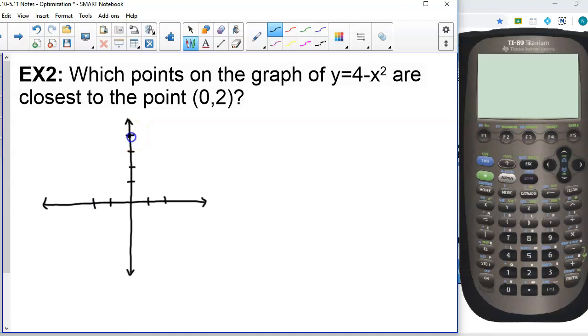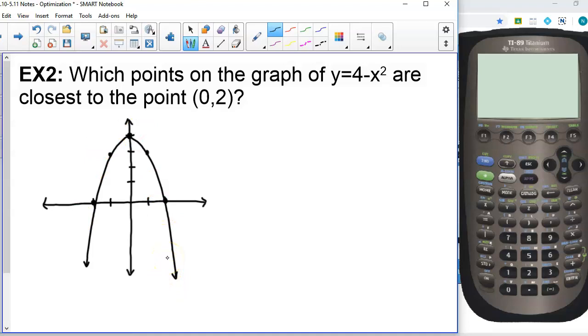So we would have these points here. And then our parabola would look like this. So those graphing skills we learned in pre-cal, they're coming in handy here. We can see what this looks like.